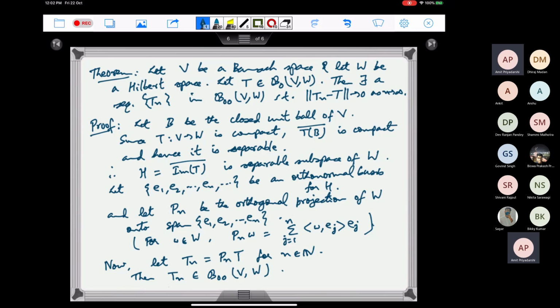If you divide x by norm x, then that becomes a vector in the unit ball, and then you use the countable dense subset for this, and from that you can get a countable dense subset for the whole of this image T closure also. Right. So maybe I'll write this as an exercise. You can try to prove this. So this follows from the above. That is what I am claiming.